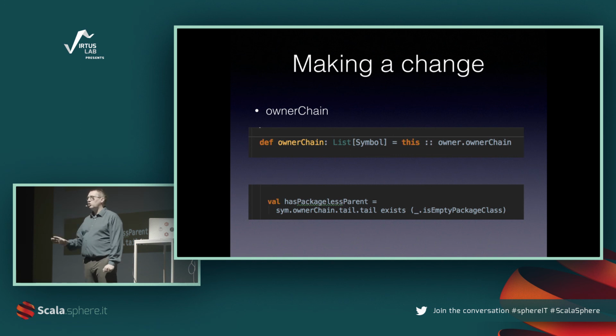And the most common use case of that brand spanking new list is to check whether something exists inside it. And the worst offender I found for this is this piece of code at the bottom, which says, take the owner chain, after you create it, drop the first 2, and then do exists on it. In fact, I found one that, instead of doing an exists, did a filter and checked if it is non-empty.